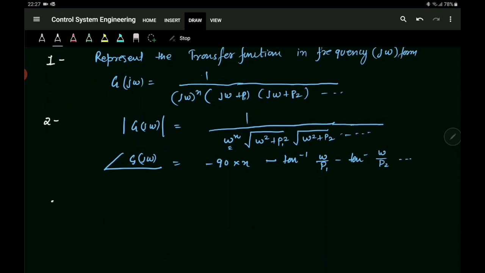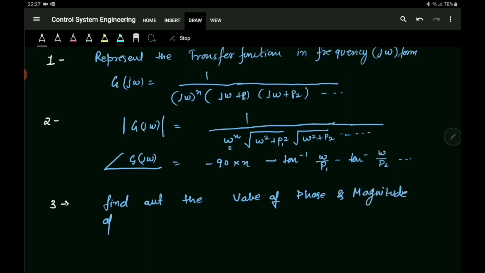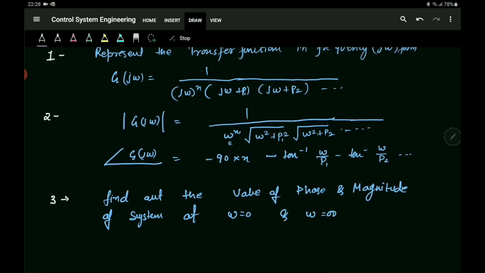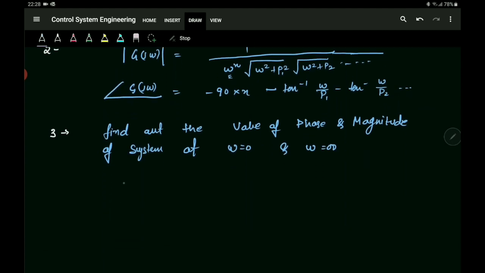The third step for drawing a polar plot is to find the phase and magnitude of the system at omega equals 0 and omega equals infinity. So we find G(j omega) at omega equals 0.